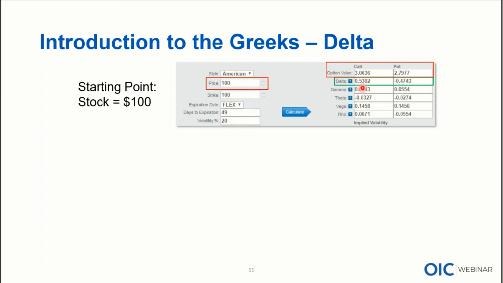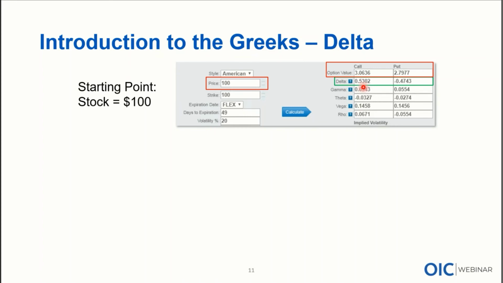Now, what this is telling you at a snapshot, if the stock moves $1 higher, and we're just going to focus on calls, forget about puts for now, I would expect the call value to increase by the delta amount, or in this case, 53 cents.